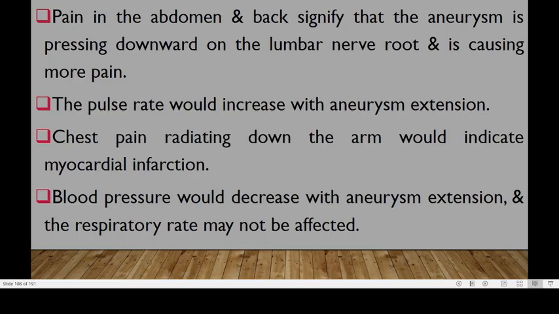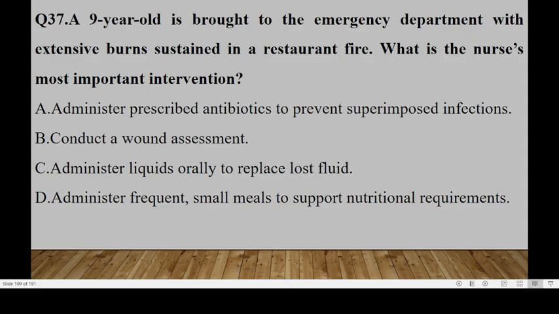The pulse rate will increase with aneurysm extension. Chest pain radiating down the arm will indicate myocardial infarction. Blood pressure will decrease with aneurysm extension, and the respiratory rate may not be affected.